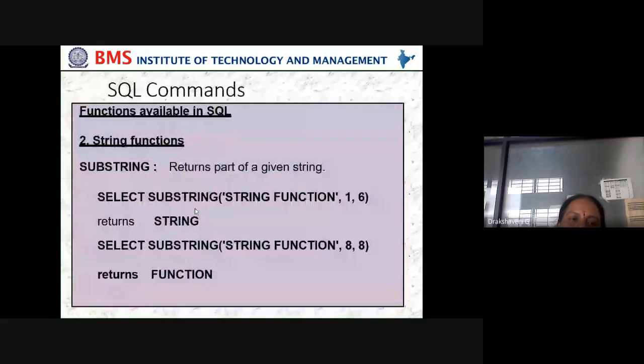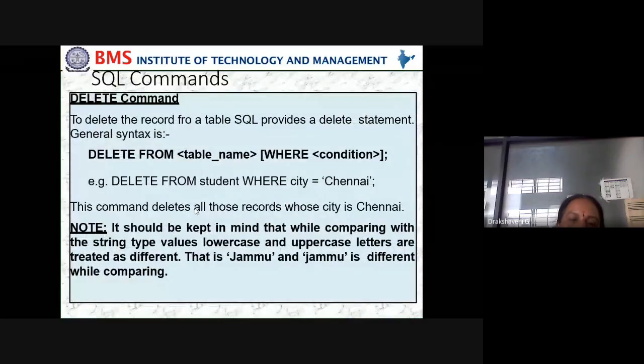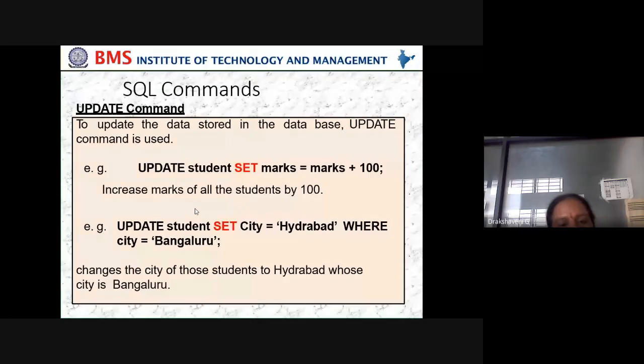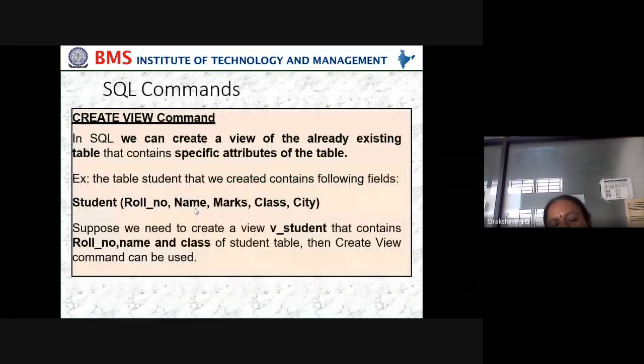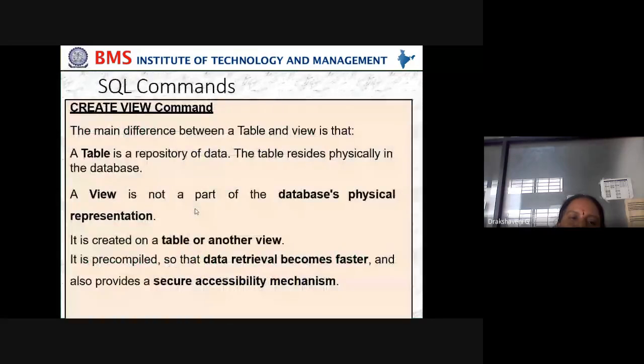We have started with the delete command and how to delete values from the table. We have seen the update command. We have seen creating a view, and the difference between a table and a view.